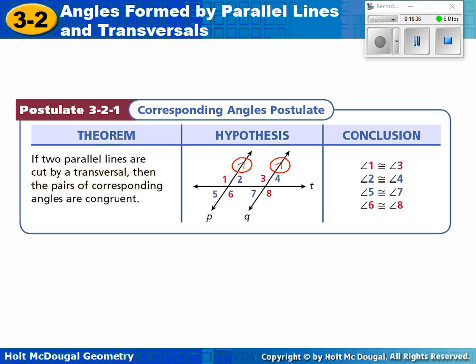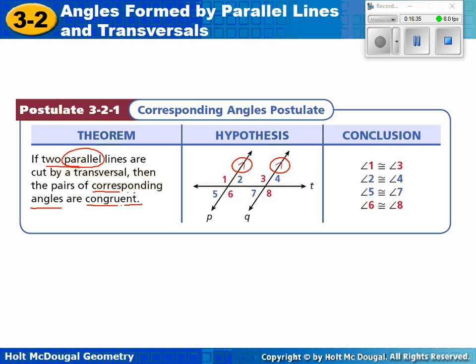If the lines are parallel, then the corresponding angles postulate says, if two parallel lines are cut by a transversal, then the corresponding angles will be congruent. So we're going to say that if lines are parallel, then the corresponding angles will be congruent.